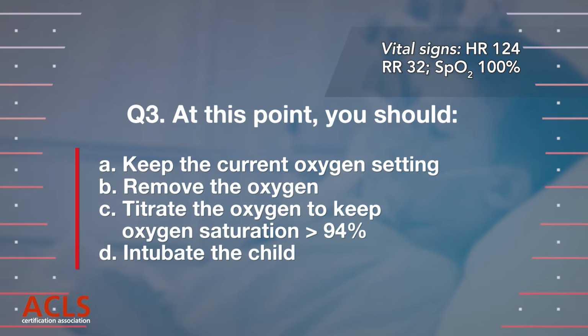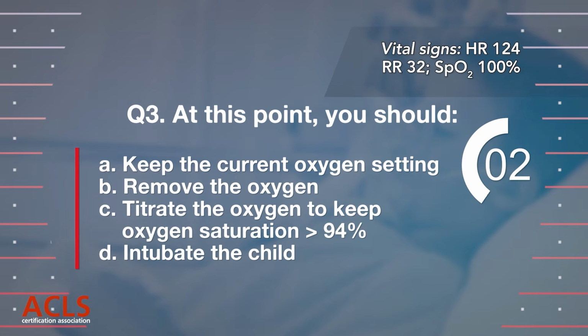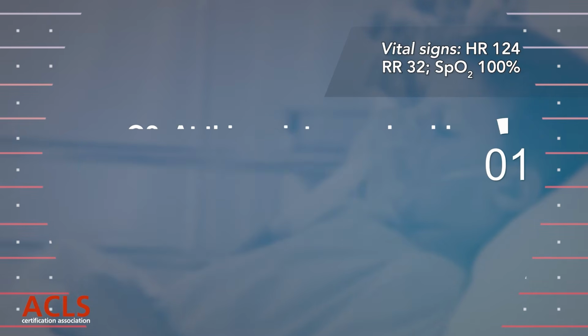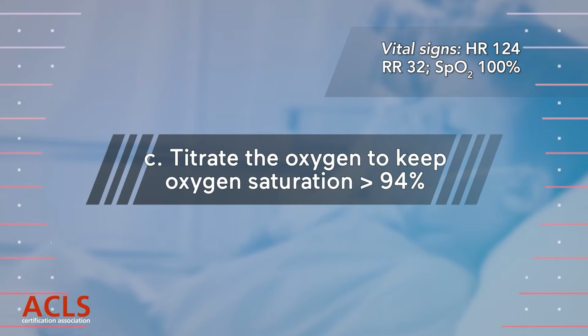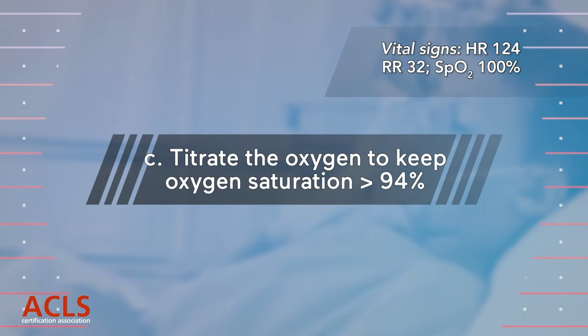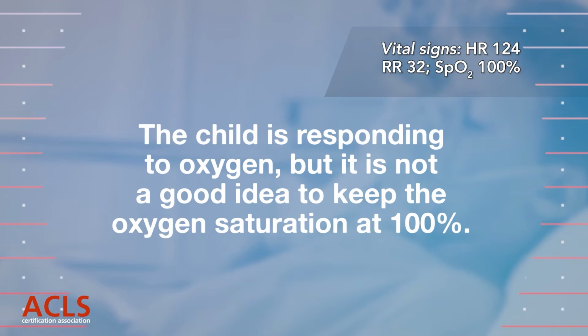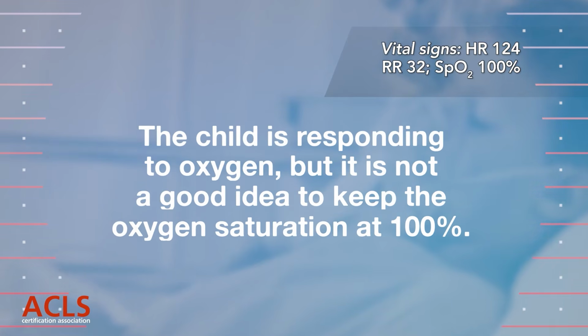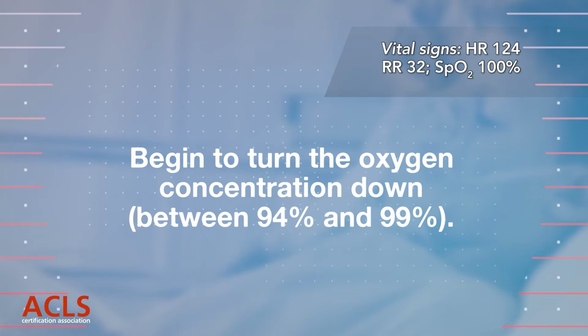D. Intubate the child. Correct answer, C. Titrate the oxygen to keep oxygen saturation greater than 94%. The child is responding to oxygen, but it is not a good idea to keep the oxygen saturation at 100%. Begin to turn the oxygen concentration down.